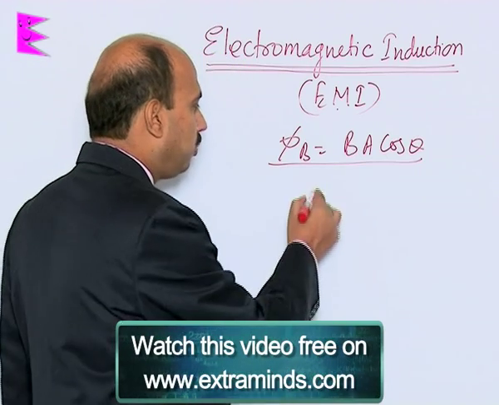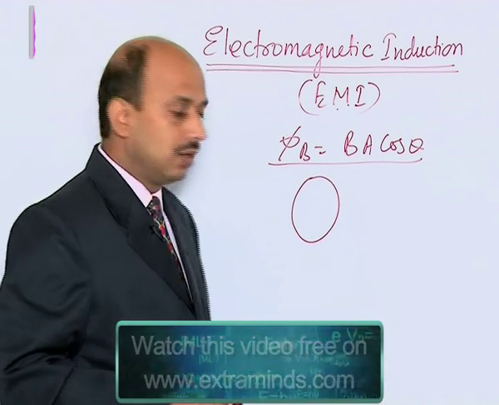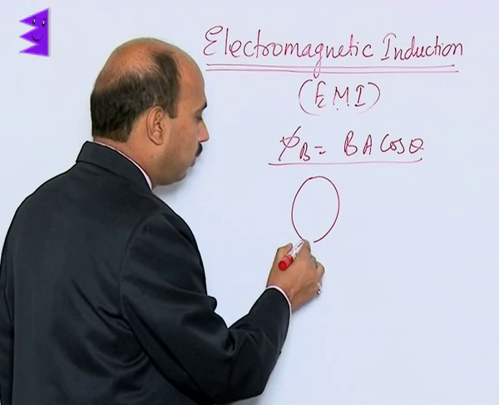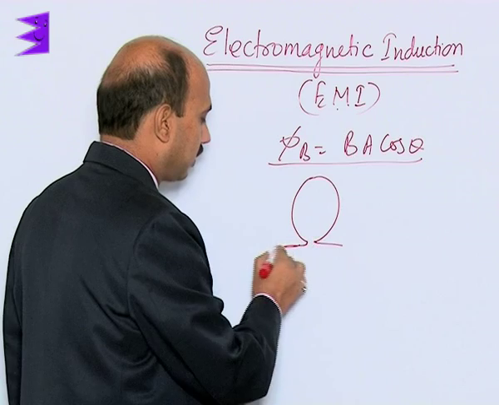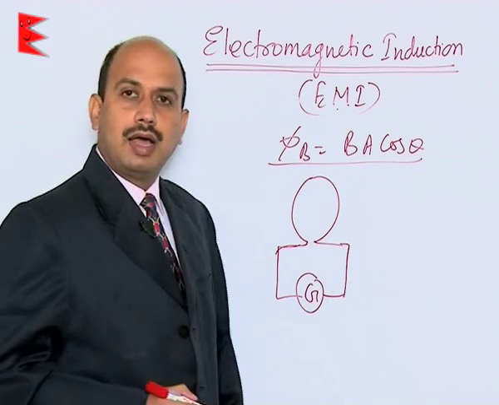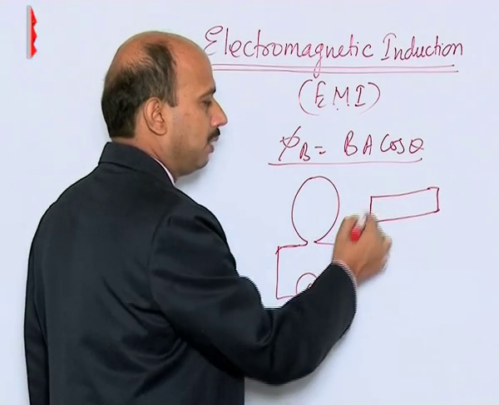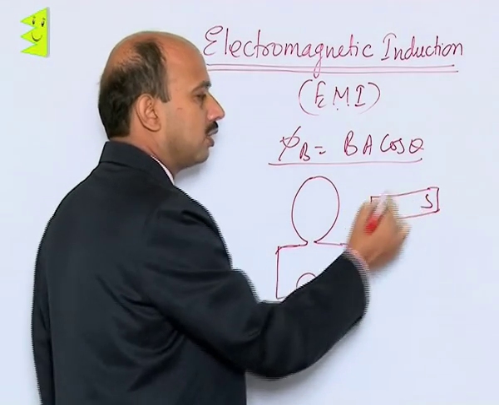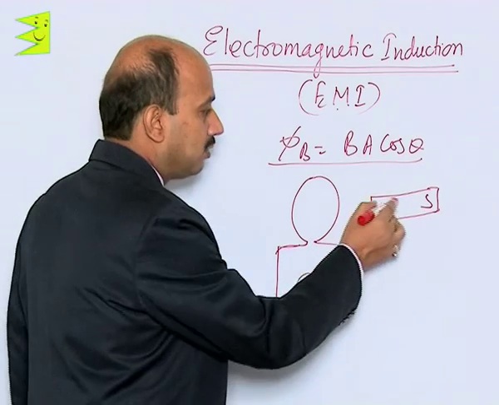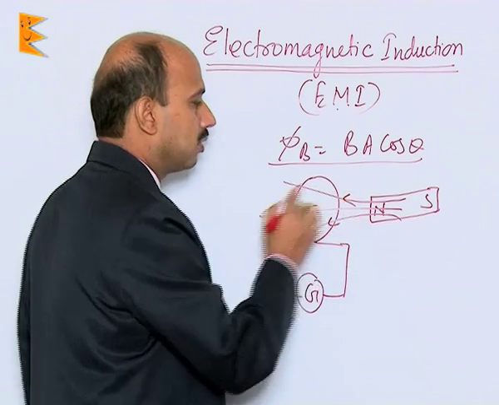See here, suppose you have taken a loop like this, and this loop is connected to a galvanometer. If you take a bar magnet, this is the Faraday's experiment we are discussing. This is north and south, and from this north and south, magnetic field lines are coming like this.